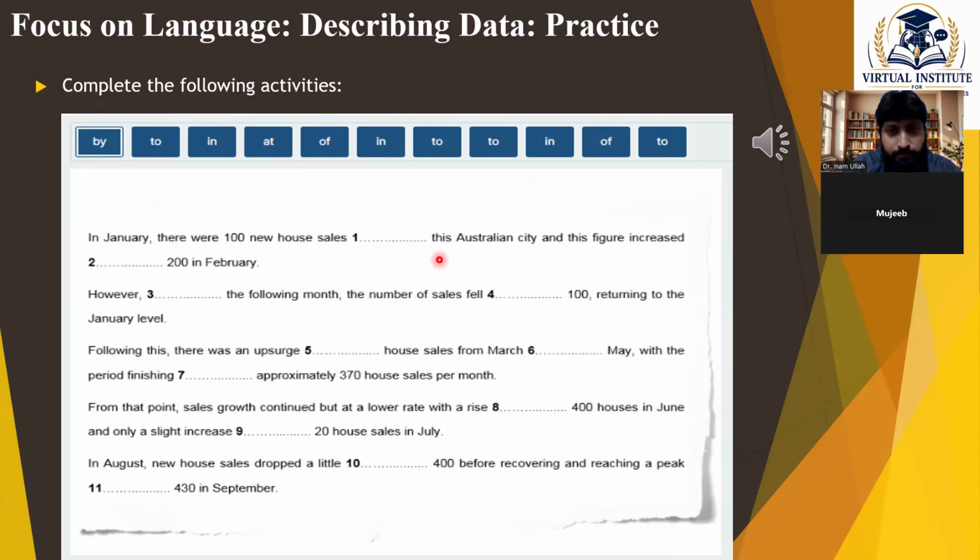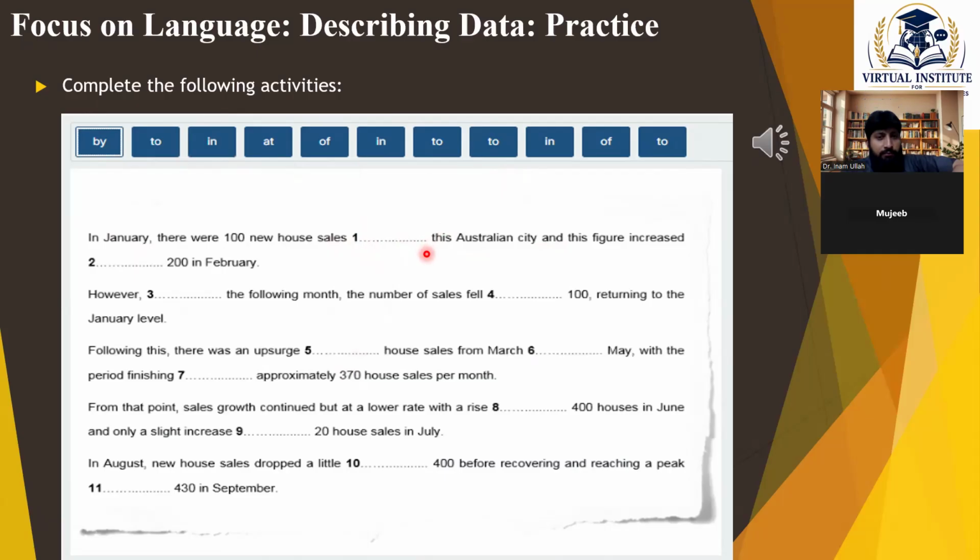Just say it. Atika, do you hear me? Yes, sir. Okay, so tell me, in January, there were 100 new house sales dash this Australian city. So which of them is the right preposition here?